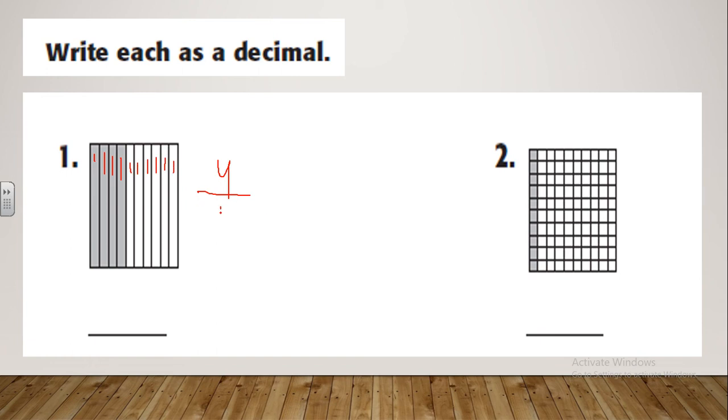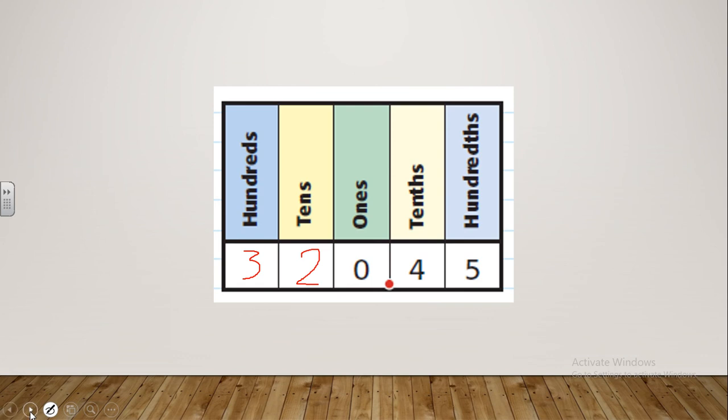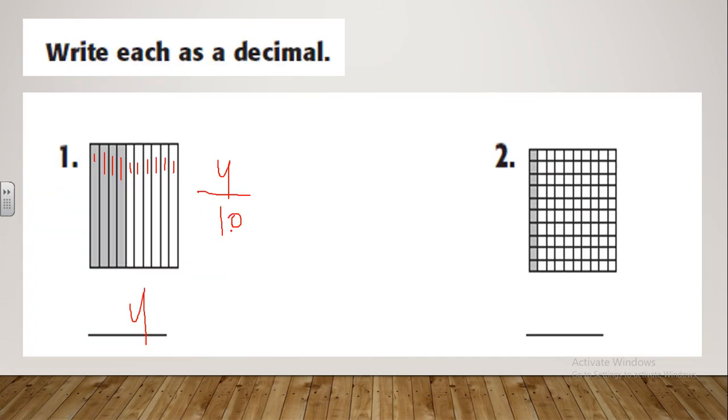So here it's 4 over 10. And if we want to write it as a decimal, all we have to do is write the number in the numerator. So in the numerator we have 4. So let's write 4. It's over 10.